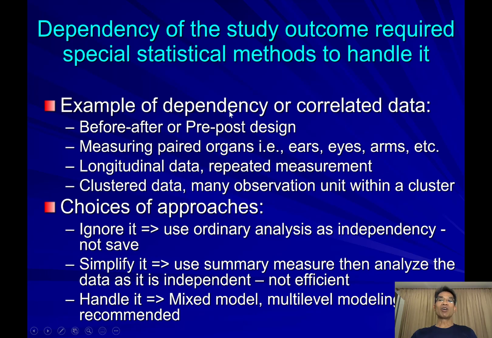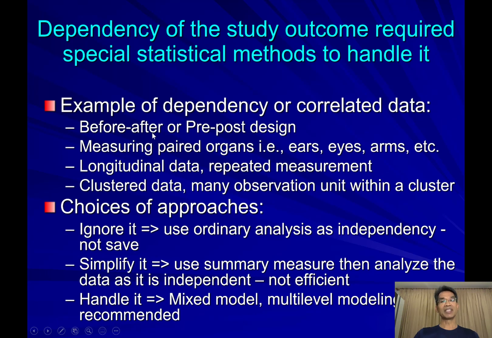Okay, examples of dependent or correlated data: if the study design is before and after, or pre-test, post-test designs, that means the level of what you measure is measured in the same observations. One is for before, another is for after.